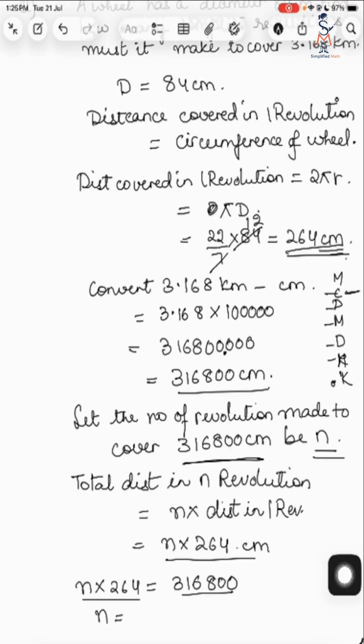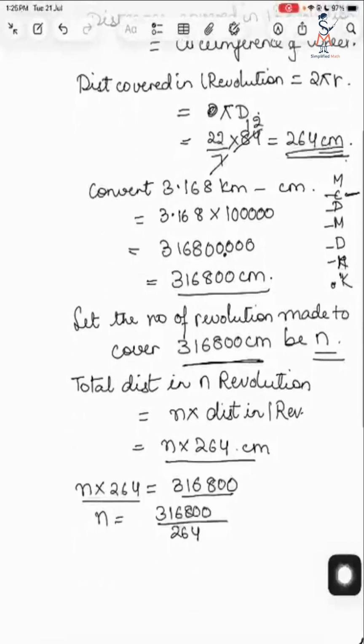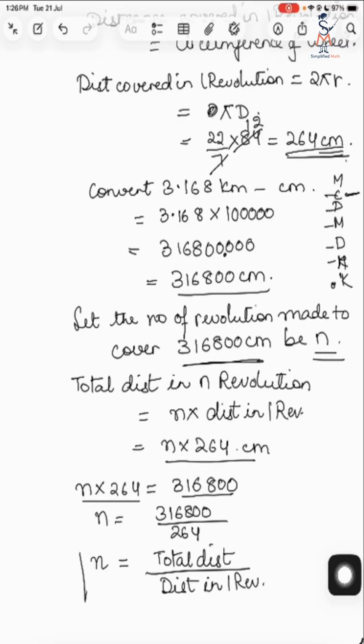So n will be what? 316800 divided by 264. Now you can even write that the number of revolutions is the total distance upon the distance in one revolution. You can simply write this also.